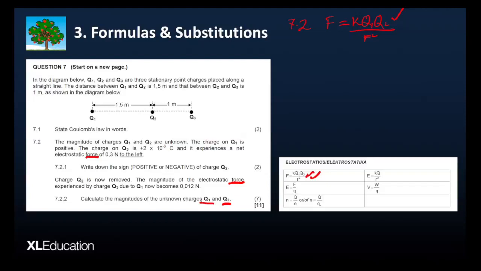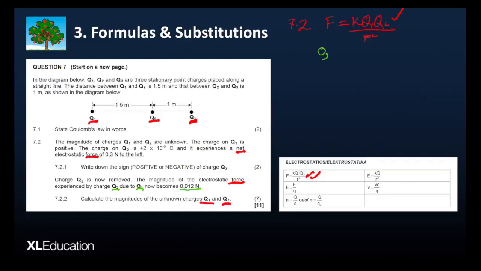At first here, we are given the net electrostatic force which is experienced by charge 3 due to Q1 and Q2, right? The second one, we are given the force experienced by Q1 due to Q3, which is that. Fine. So this one is easy for us to start with because we are given the force.